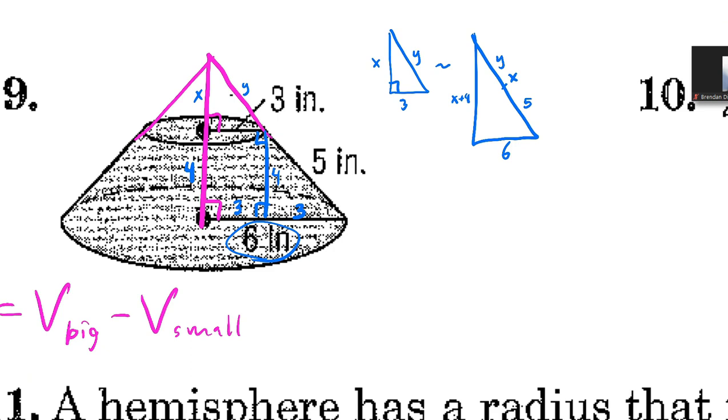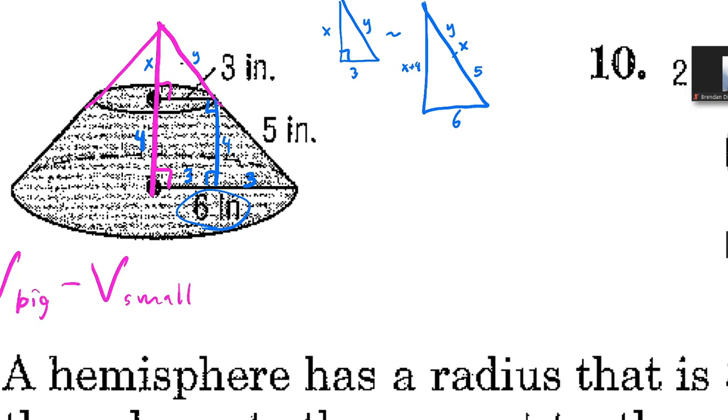Okay, so we just need to know the height, right? Because it's 1/3 base times height, and we have the radius, so we just need the x. So let's set up a proportion here. X is to 3, as x plus 4 is to 6, cross multiplying, not forgetting that this is a package. We get 3x plus 12. So subtracting, we get 3x is 12, or x is 4.